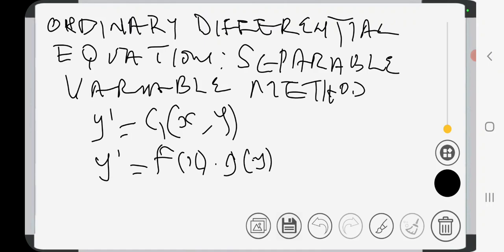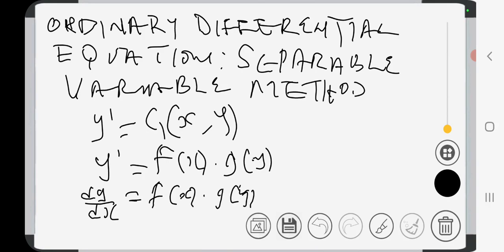We take all the variables in x on one side and all the variables in y on the other side. Now the meaning of y prime is dy/dx. So what I have here actually means dy/dx, so I can equate it to f of x times g of y.